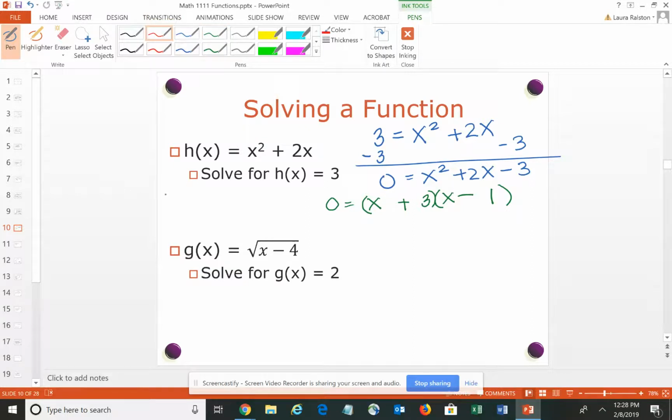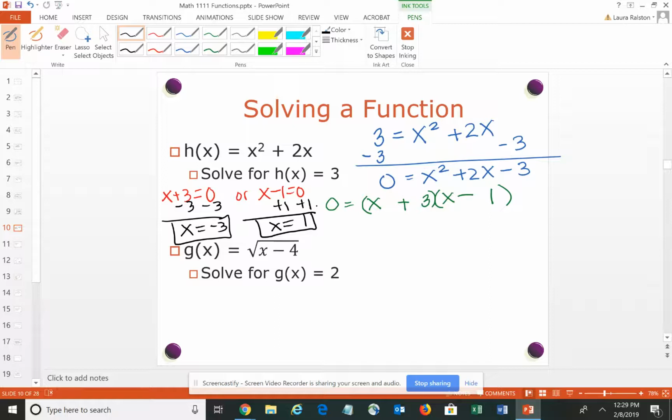So either x plus 3 is 0 or x minus 1 is 0. And if I solve each respectively for x, I have x equals negative 3 or x equals positive 1.